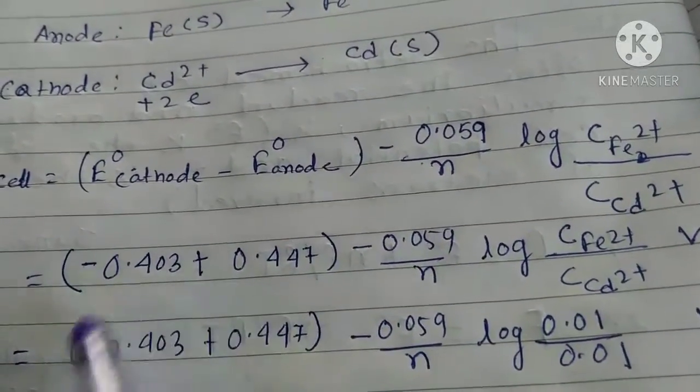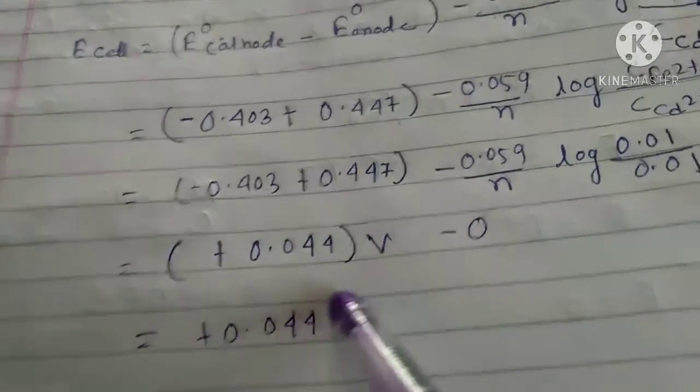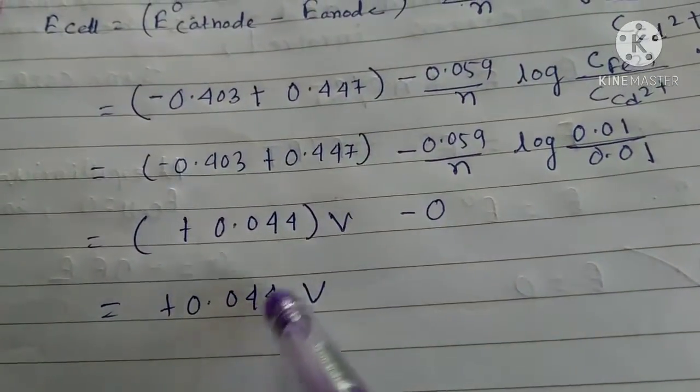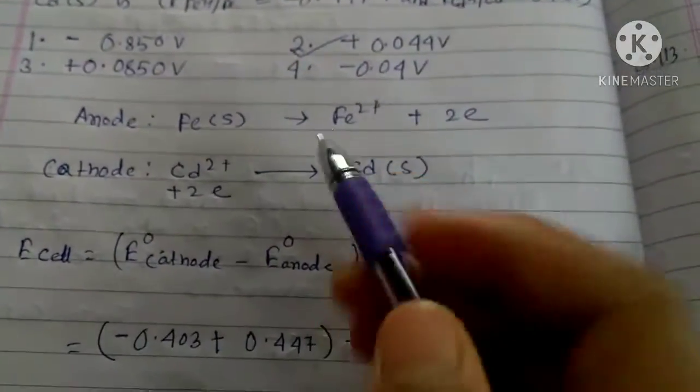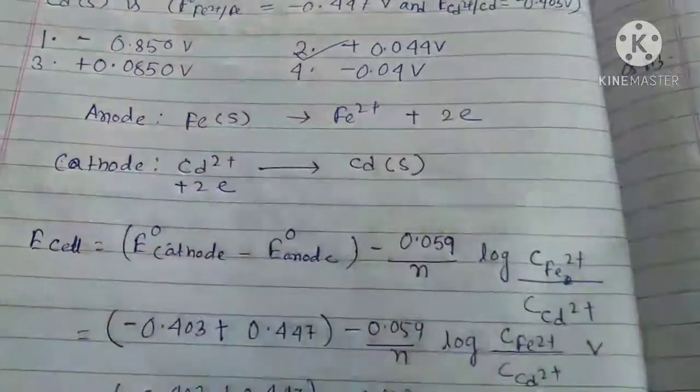Only the first part we have to calculate, and it comes out as 0.044 volt. So option number 2 is the correct option.